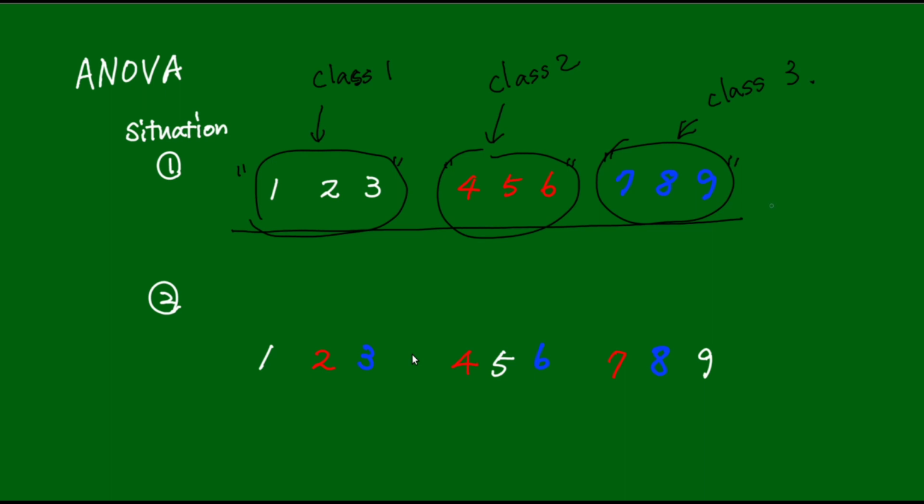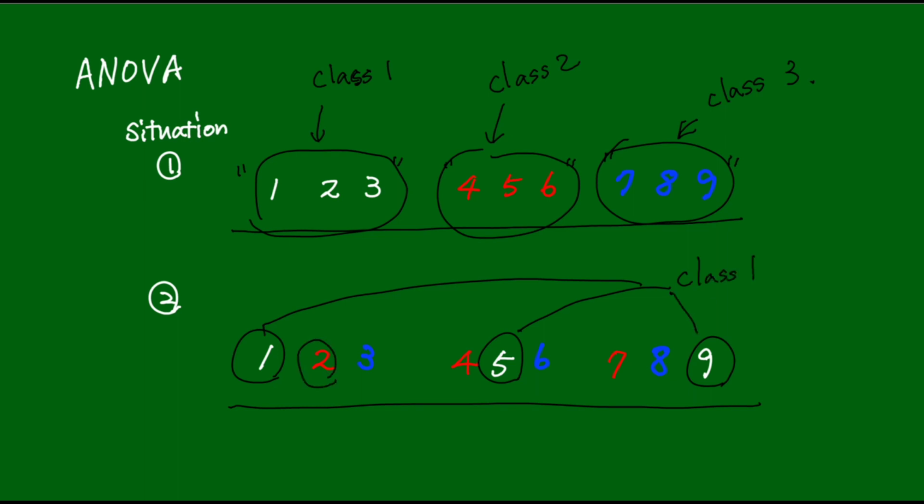Okay, so this is situation 1, and now we have the same situation, but when you look at these numbers more closely, there is a little bit of difference from situation 1. So we have 9 numbers, from 1 to 9. However, we have 1, 5, 9 for white, which means these 3 came from class 1.